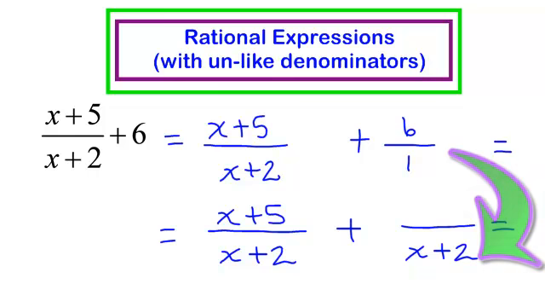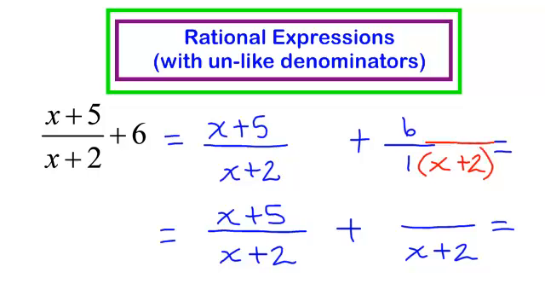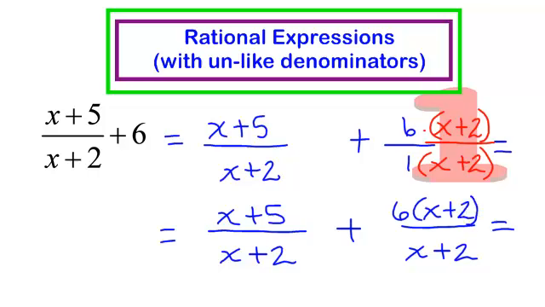We can't do that. I must have multiplied the denominator by x plus 2. That's fine and dandy as long as you multiply the numerator by x plus 2. Remember, x plus 2 over x plus 2 is just 1. So in the numerator, I will have to also multiply the 6 times the x plus 2.